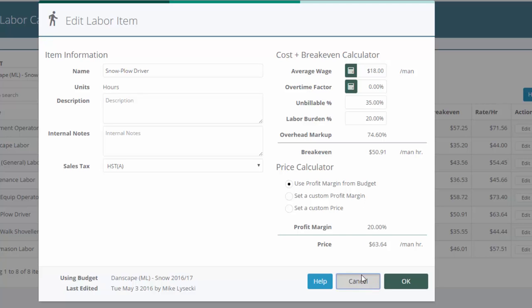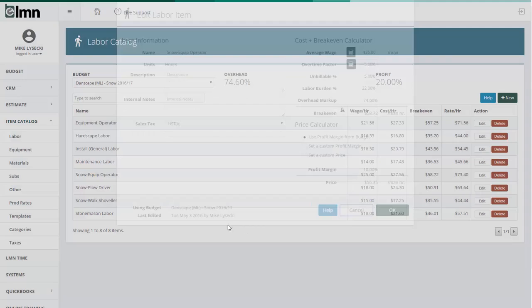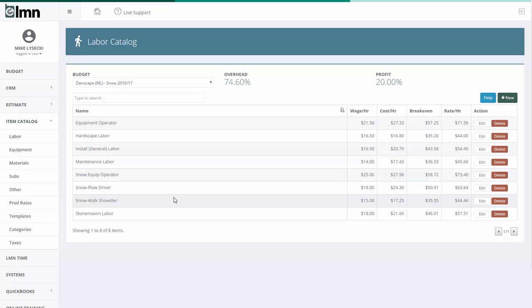Whereas an equipment operator who goes to a lot and stays there all night plowing could have a much lower unbillable percentage. Anything from 5 to 10% could be realistic for that role. Now, if you set your unbillable factors up correctly, you're going to charge the right amount for plow truck drivers, especially those who have a lot of driving, and you'll be more competitive on jobs with equipment operators where unbillable time is minimal.